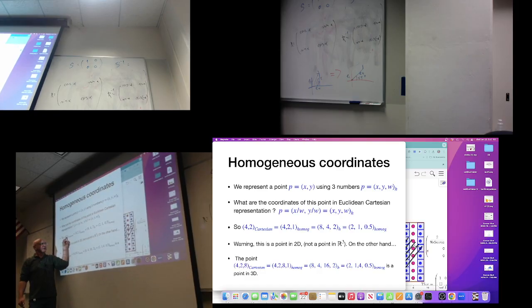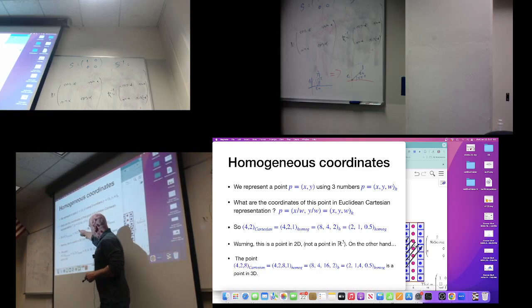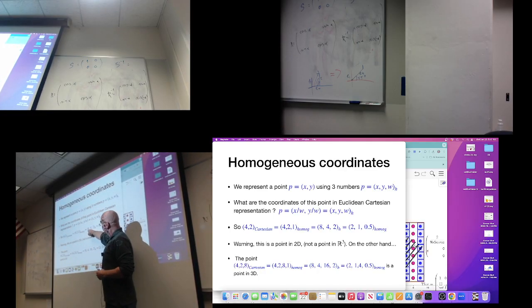So 4, 2 in Cartesian is just like writing 4, 2, 1 in homogeneous coordinates. It's the very same point, except that in homogeneous coordinates, I have more ways to write the very same point. The very same point can also be written as 8, 4, 2. Why? Because it's the same point.